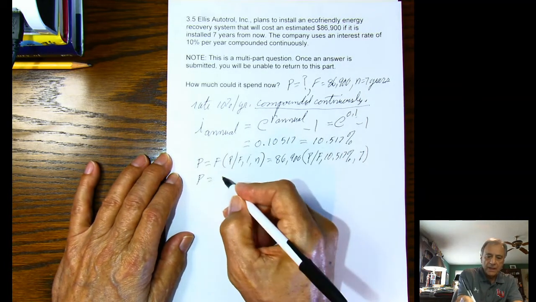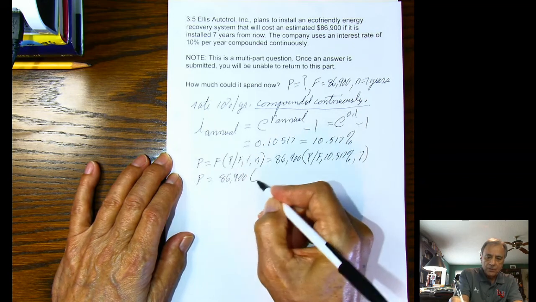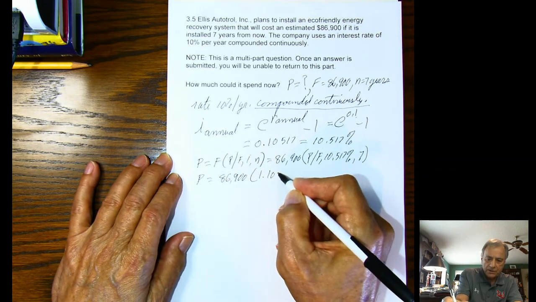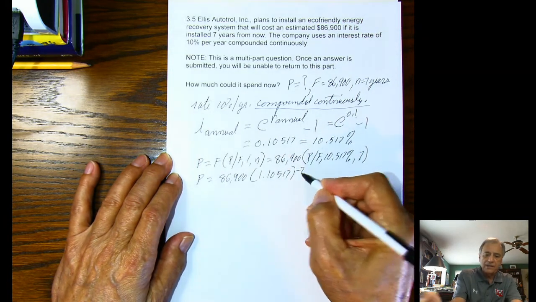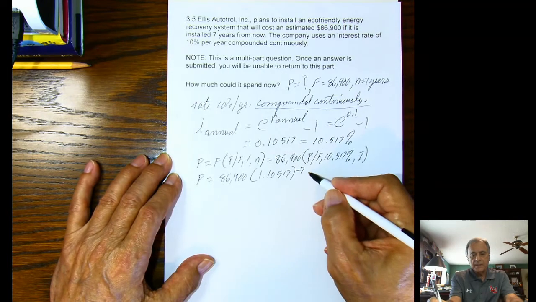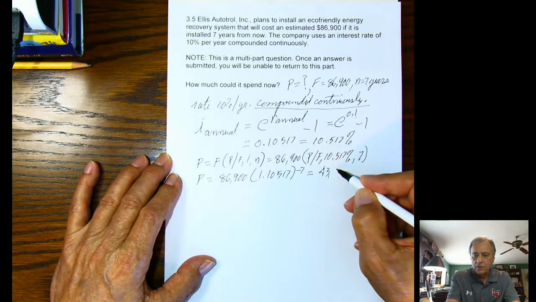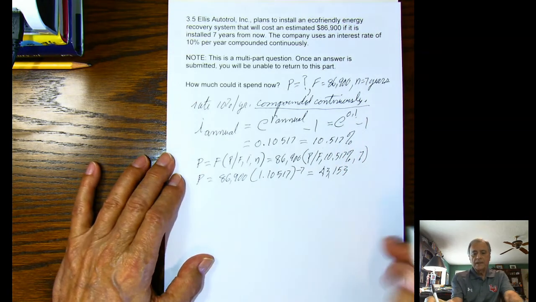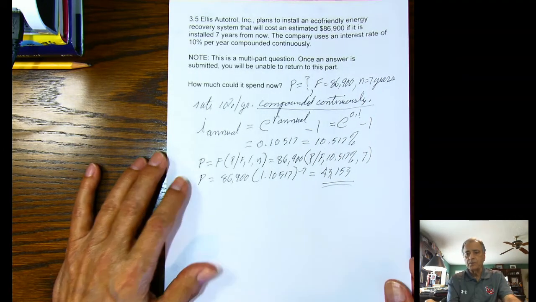It would be 86,900 times 1 plus 0.10517, that's 1 plus i to the minus 7, or you can, like I said, do it on the app. If you do, you'll get $43,153, and that's the solution to this particular problem.